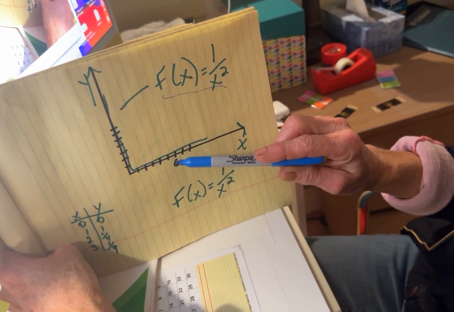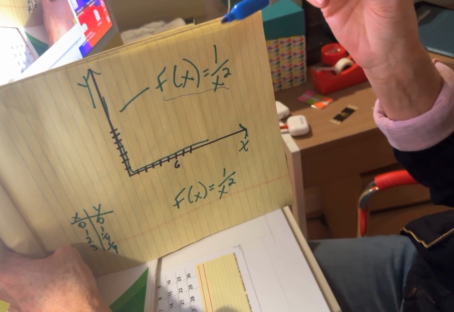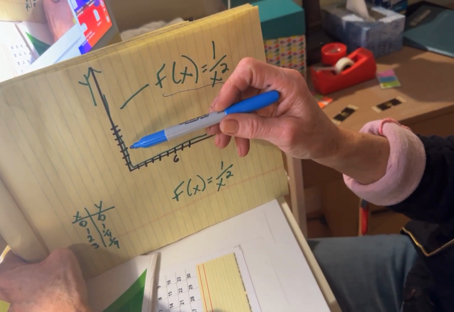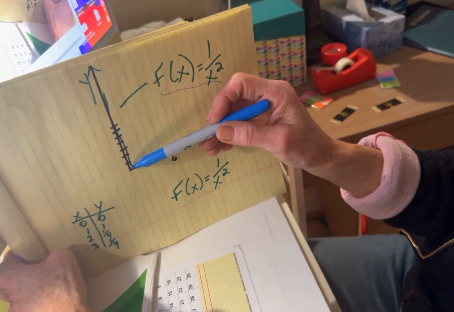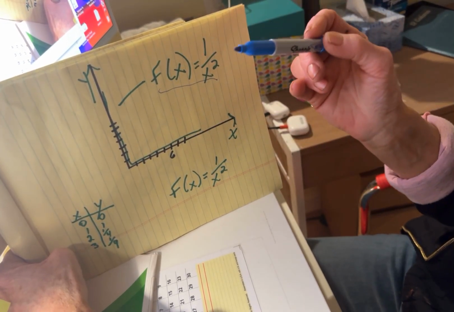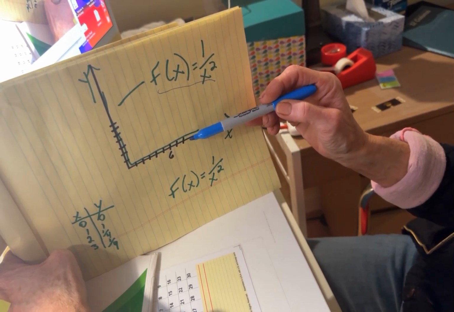So by looking at this graph, we can see that the tangent line at x equals 6, the slope, the derivative, is almost completely horizontal.